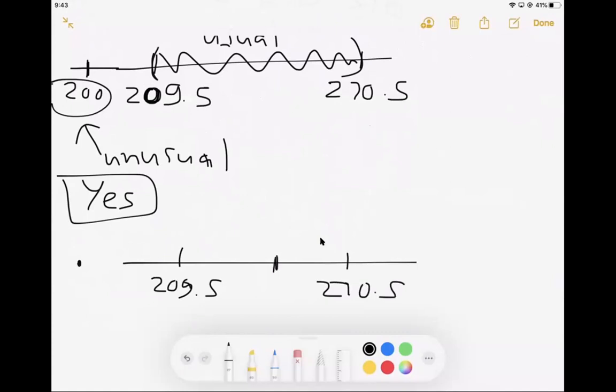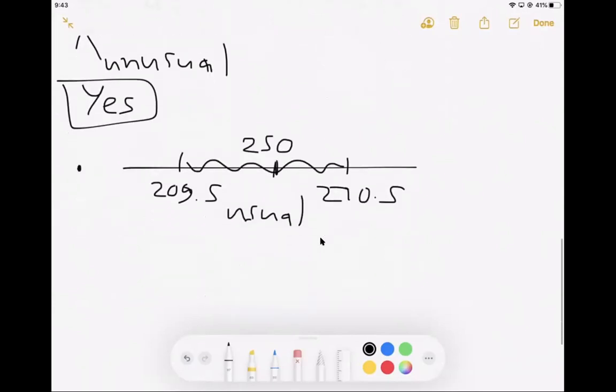Now I ask you to change 150 to 250. If you have any value in between these two values, those values are usual. Here we have 250. That means, would observing 250 twins out of 8,000 births be unusual?